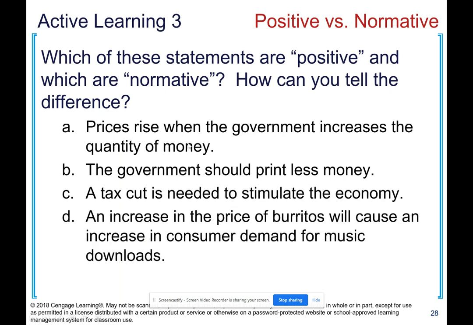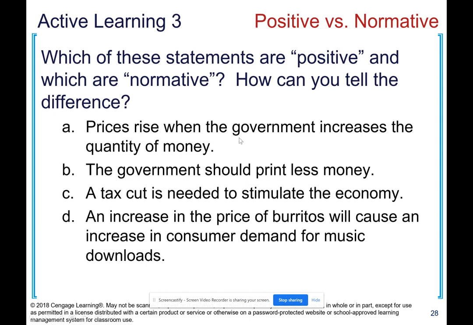Let's look at active learning number 3. Which of these statements are positive and which are normative? Remember, positive: scientific, factual, descriptive. Normative: opinion, should, ought to be, how the world should work. So, number A, prices rise when the government increases the quantity of money.